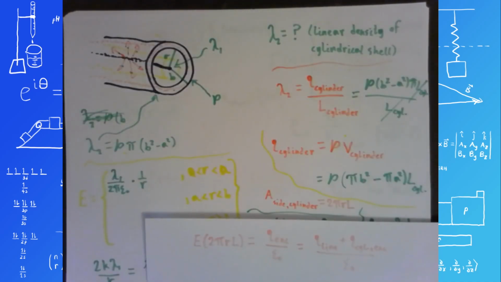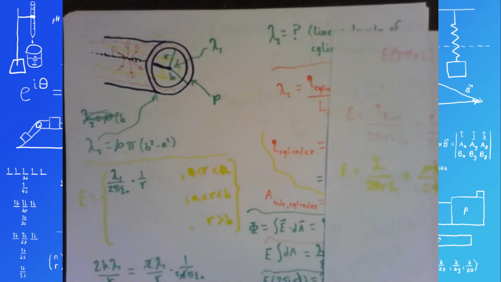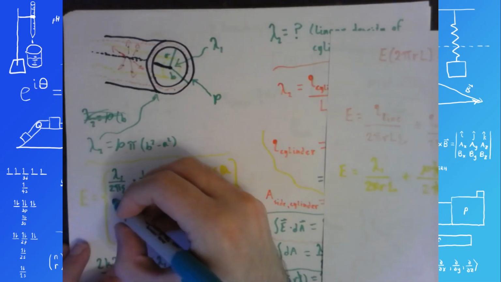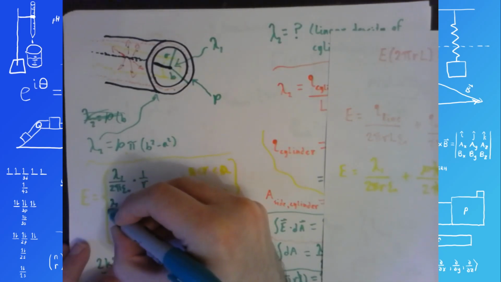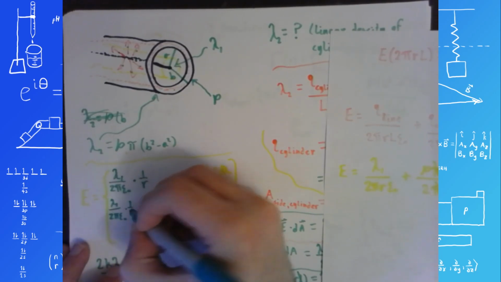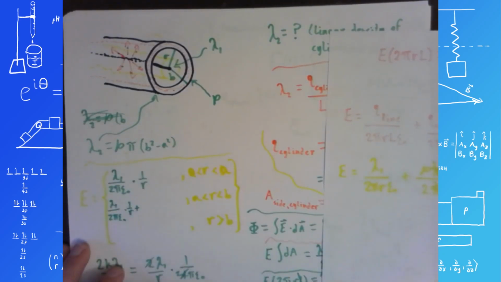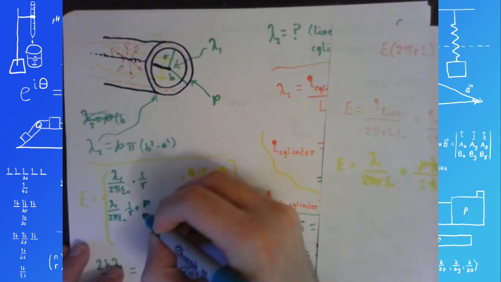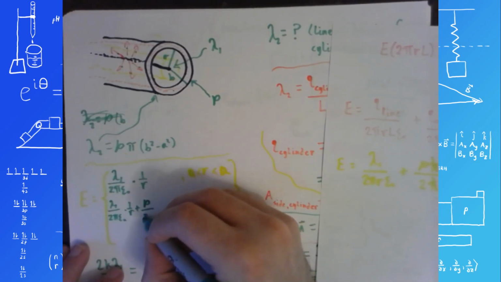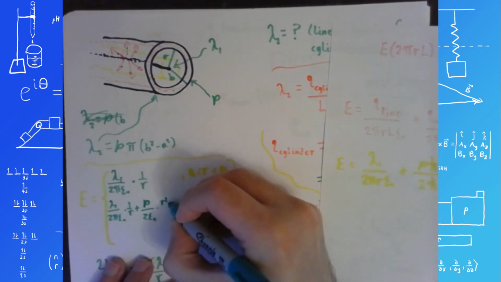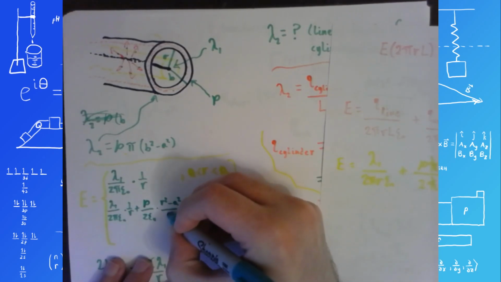So let me go ahead and copy this over. We have lambda 1 over 2 pi epsilon naught times 1 over r plus rho over 2 epsilon naught times, the variable part is going to be r squared minus a squared over r.